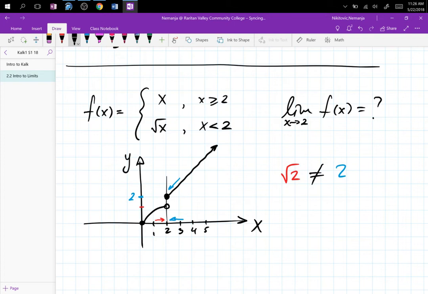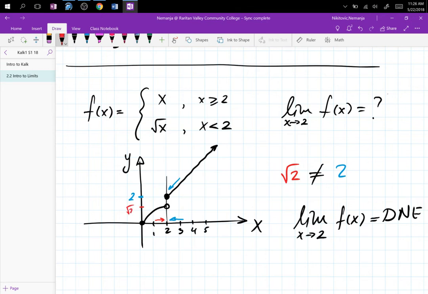And those two are not the same. So, conclusion, because of the theorem, the limit does not exist. Because one side, the left-sided limit went to root 2, and the right-sided limit went to positive 2, and ta-da.